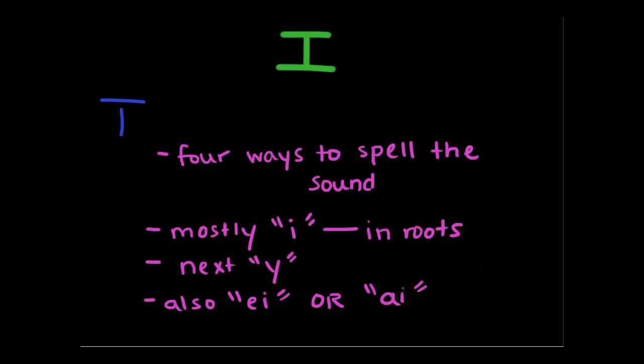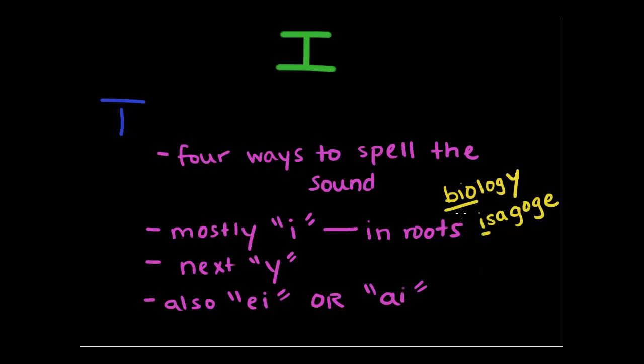Okay, so the first one, the I is going to be mostly in roots, as in biology. If you recognize that bio means life, you're golden, you know it's I. Another example is isogogy. Iso means equal or same. Again, you've got the I there.